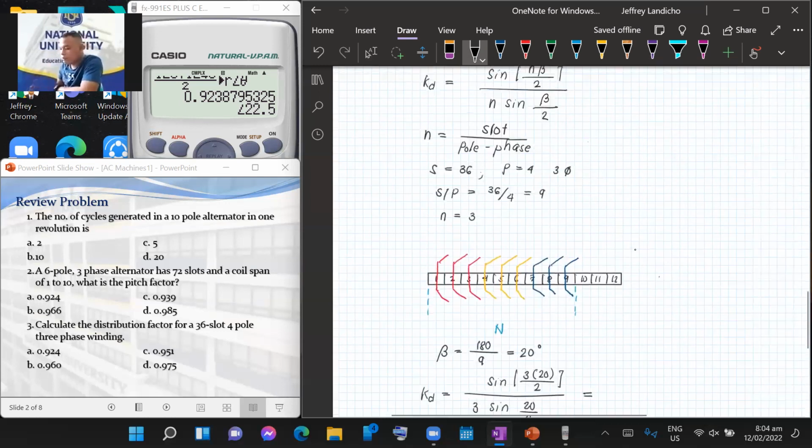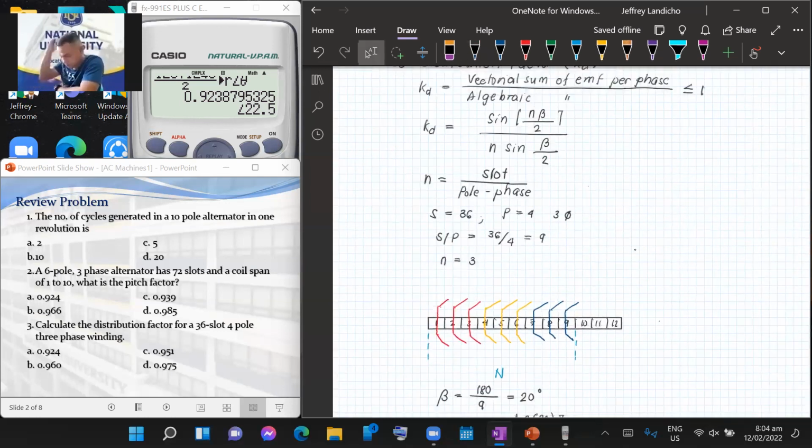Now, ito kapatid, for 3 phase, doon lang naman tayo may distribution factor kasi meron tayo yung 3 group of coil. Pagka single phase, wala tayong distribution factor. Automatic, isa lang naman yan. So automatic for 3 phase, this value, yung numerator na yan, so mas mabilis, so that is always 0.5. Okay? So yung numerator, that is always 0.5.